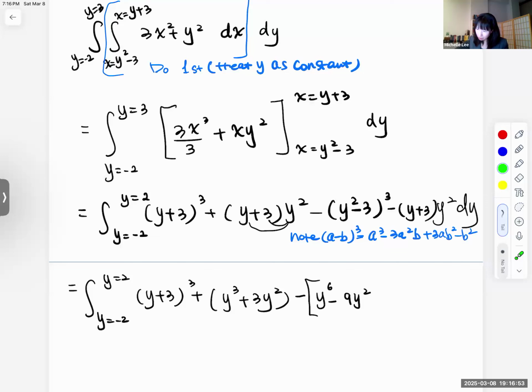Yeah, there is a mistake, right? So once again, negative 3a squared, so y to the fourth power, and b, so it's 9, right?